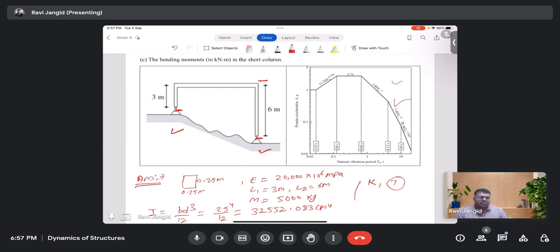If you calculate it, your answer will be nearly the same, not much difference, because your time period is the same, so your A will be nearly the same, and that is within the answer range.